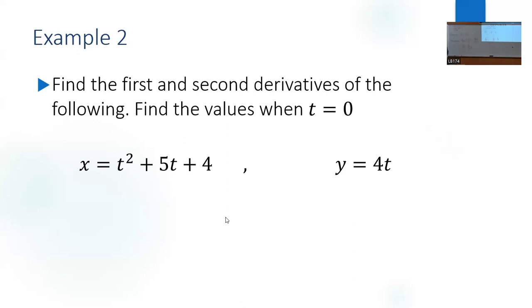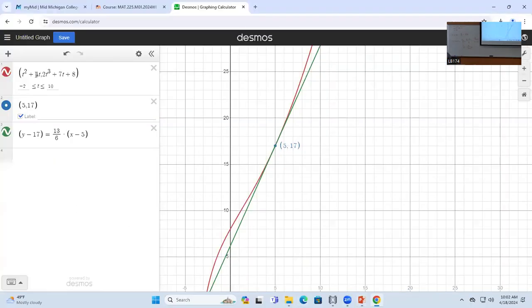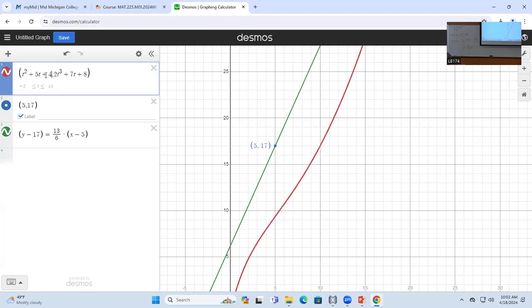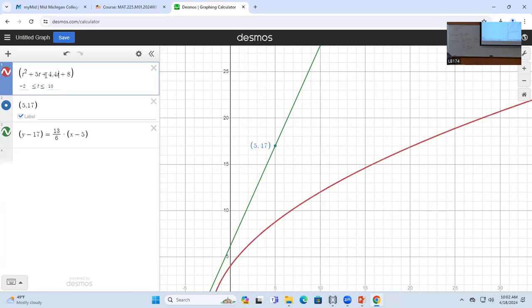Once again, let's take a look and see what that means as far as Desmos goes, and as far as the graphing goes and what we're actually finding. So we have t squared plus 5t plus 4, and then 4t.